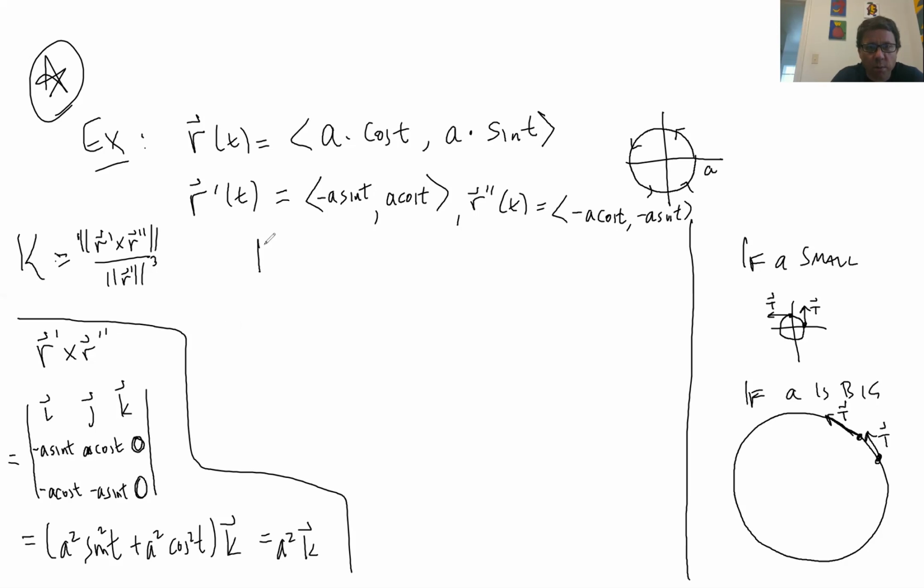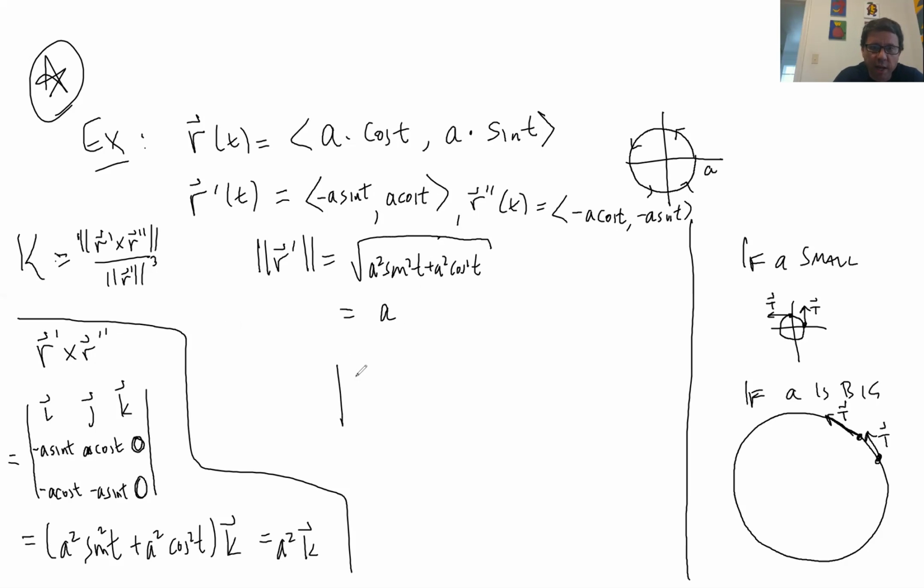The length of r prime, same thing: it's the square root of a squared sine squared plus a squared cosine squared, and that's equal to a, because it'll be a squared under the square root. So here's the big deal.